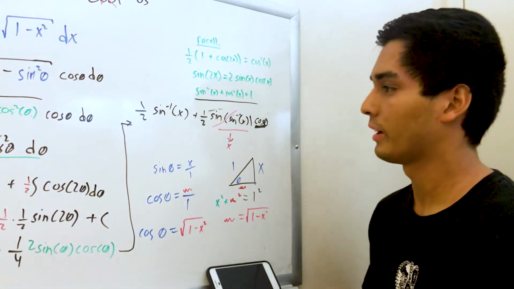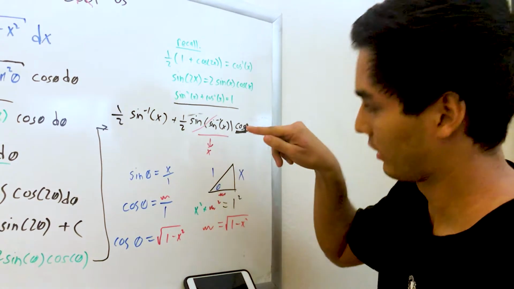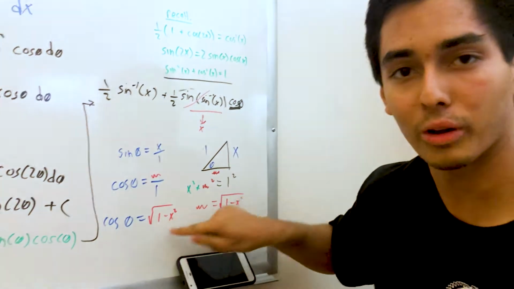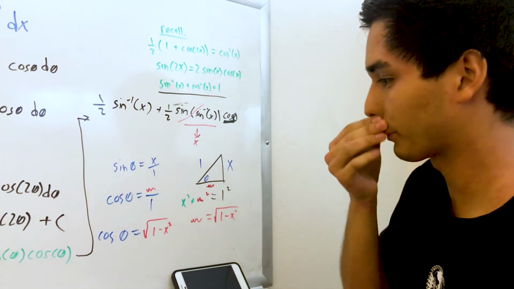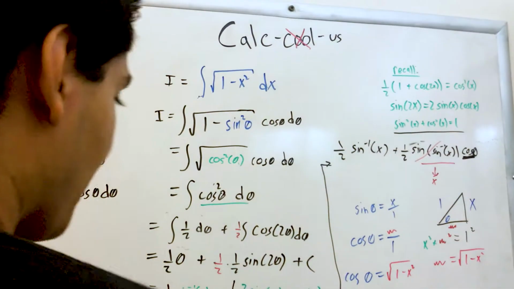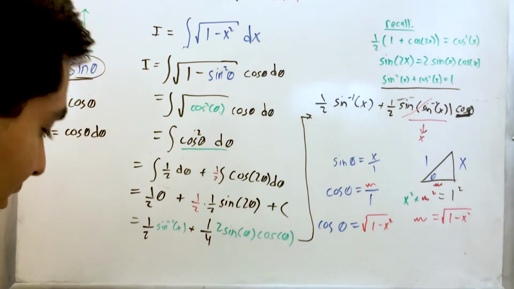Isn't that pretty neat? So we have 1/2 times sine inverse of x plus 1/2 times x times cosine of theta, where cosine of theta is the square root of 1 minus x squared. That's brilliant. I'm sorry if this is messy, guys. I'm still working on my penmanship. So just going to squeeze it down here.